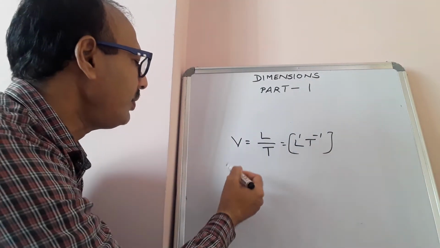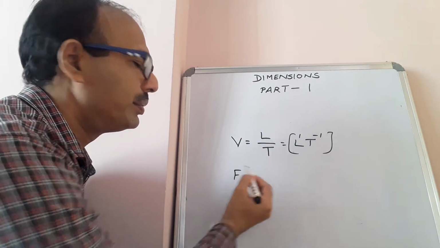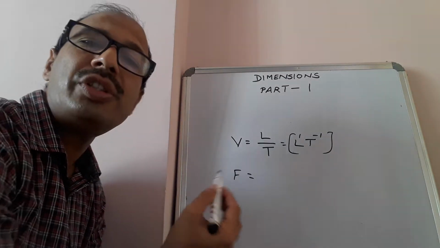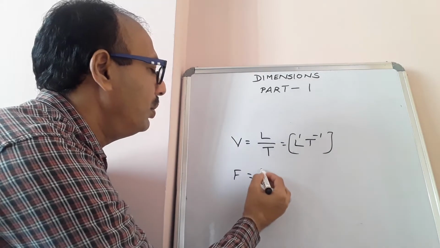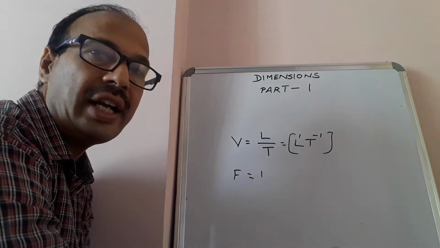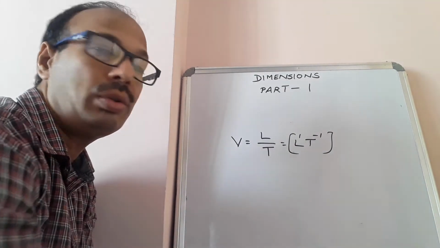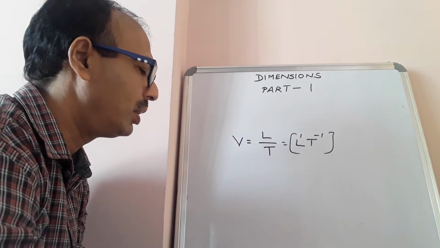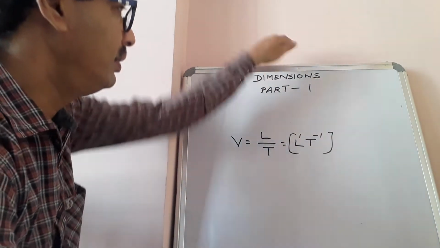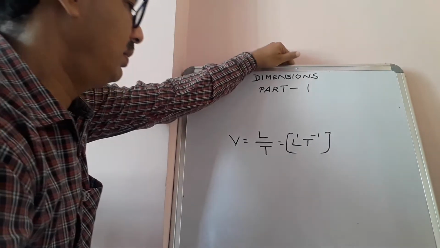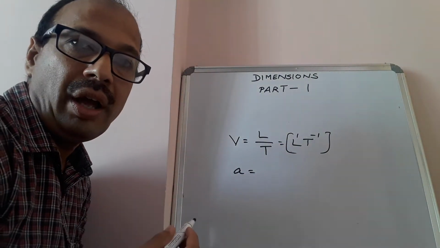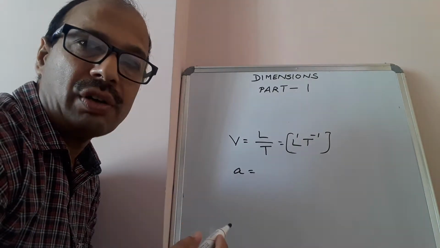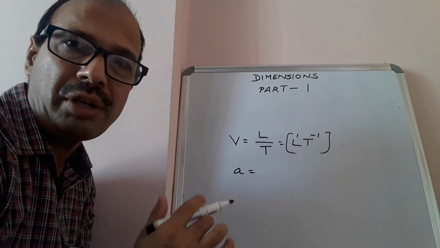Similarly, you take force. Force is equal to mass into acceleration. So first of all we will write acceleration, then we will go to force. Acceleration is the difference of velocity by time, change in velocity by time.